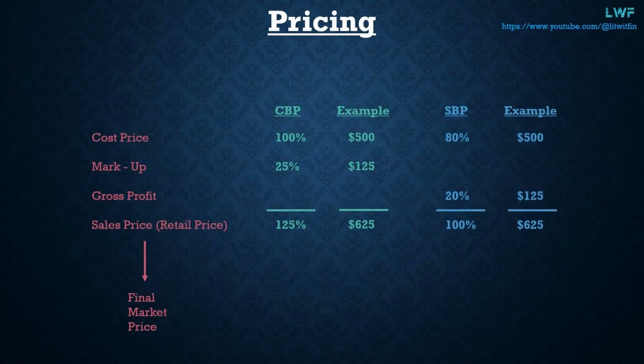In our previous example, the sales price or retail price represented the final market price. And we can see that a final market price of $625, which we are saying the market is willing to pay, implies a gross profit of $125 if we want to achieve a 20% gross profit, which in turn implies that our cost price will be $500.